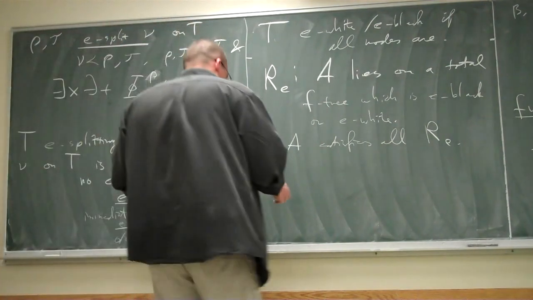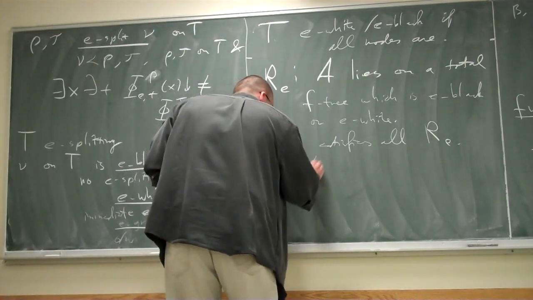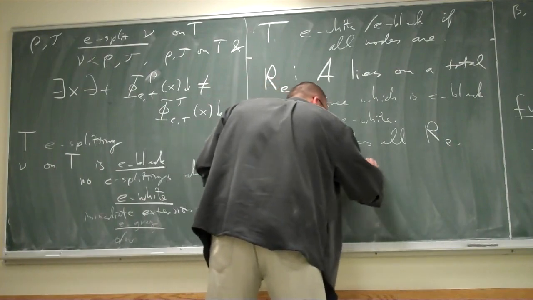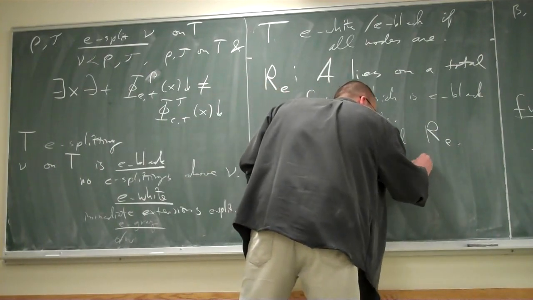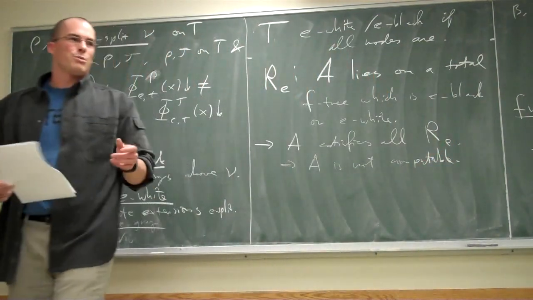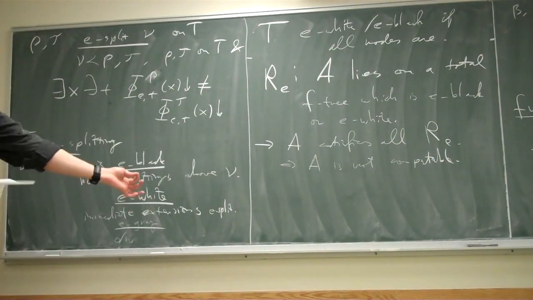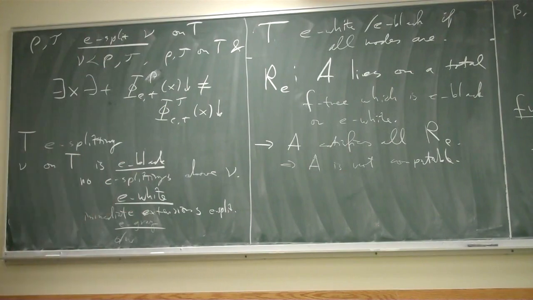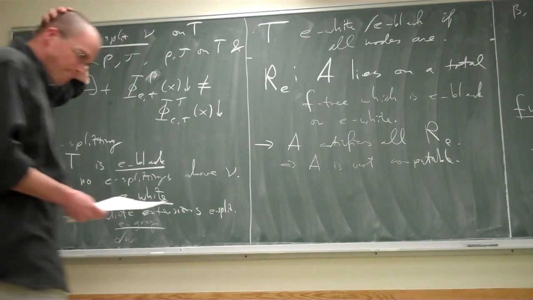Right? So we need to see A is not computable, because the degree of the computable sets we completely understand is the bottom degree. There's, in our point of view, nothing of interest going on there. Okay. So what happens?